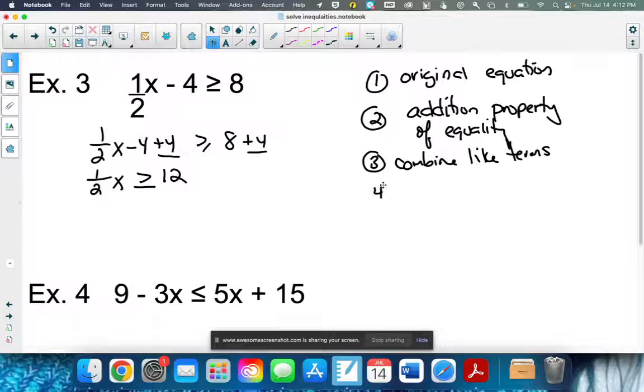Okay, so we talked about this when we were solving equations. That 1/2 is multiplying the x, and normally the inverse of multiplying would be dividing, but this is a fraction, so it's a special case. We don't actually divide by fractions, we multiply by the reciprocal. So we're actually doing the multiplication property, and then we are going to simplify.